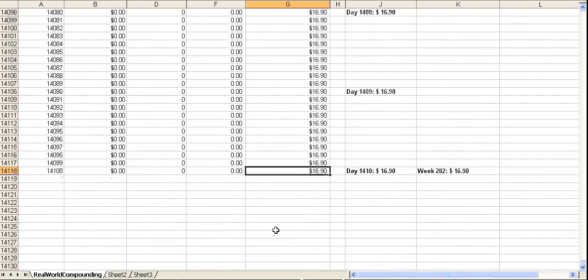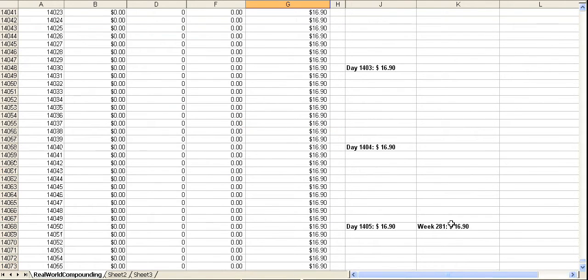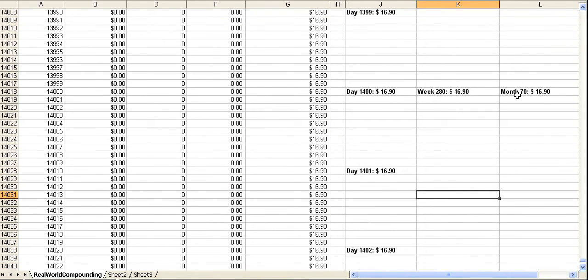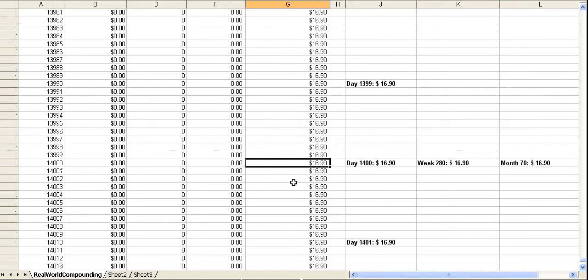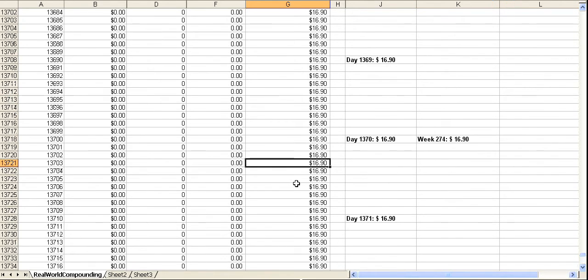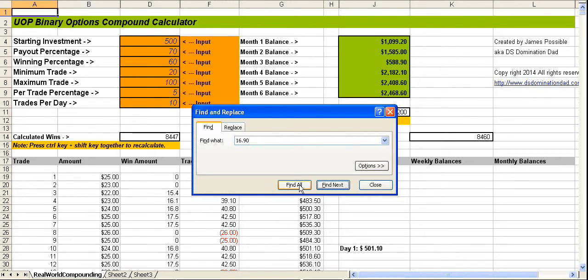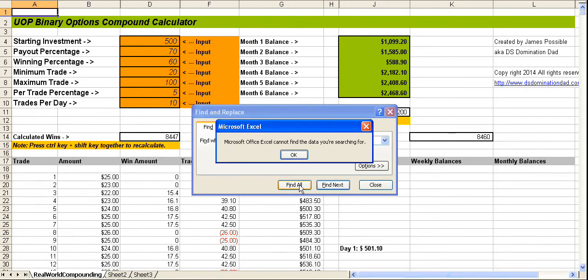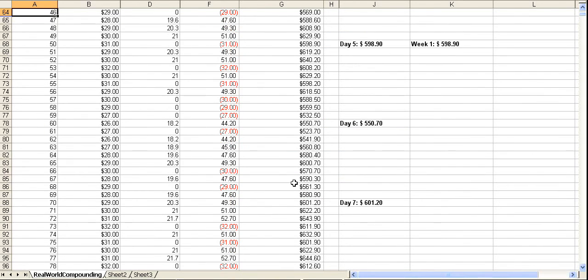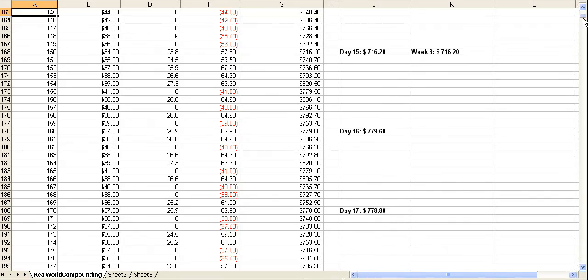But if you play it out, let's see, how many months is that? Let's go back. By month 70, 6 years, you're down. Let's see, where does it actually break? Let me scroll down.